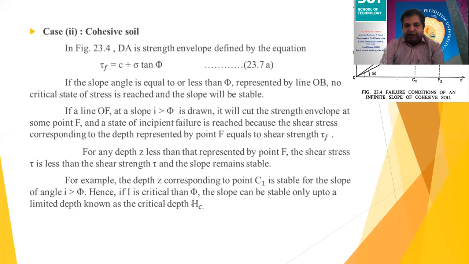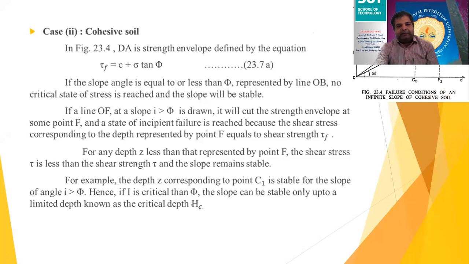However, at other points on the same line, the value of tau is still less than tau f. When I consider this equation, the variable is sigma, and sigma depends upon the depth, since it is gamma times z, so z is variable.